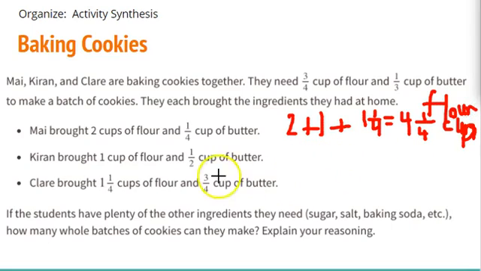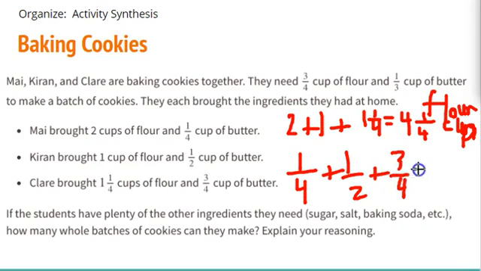For the butter, we have 1/4 cup plus 1/2 cup plus 3/4 cup. We can think of this 1/2 as 2/4. So that gives us 3/4. 3/4 and 3/4 is 6/4, which is the same as 1 1/2 because it would be 1 2/4.